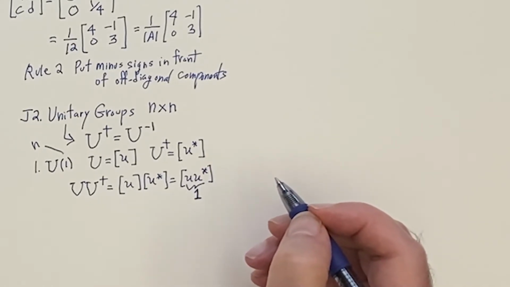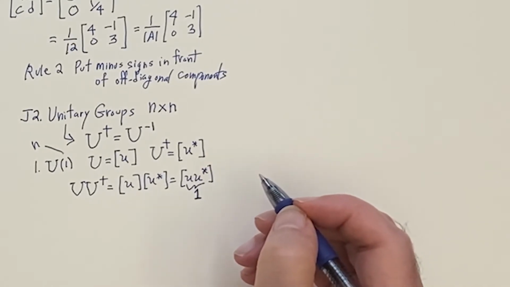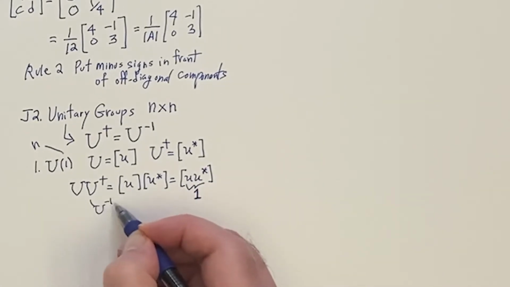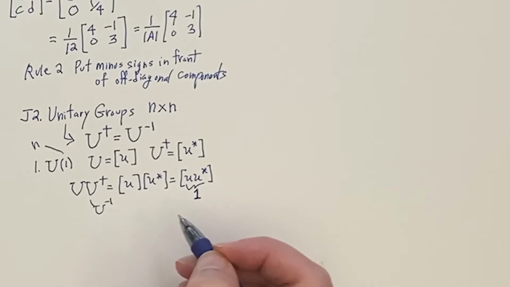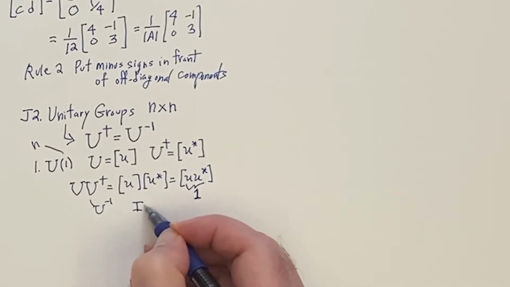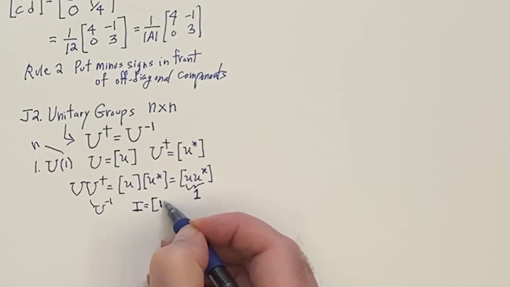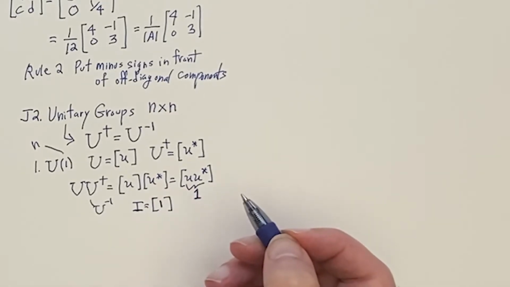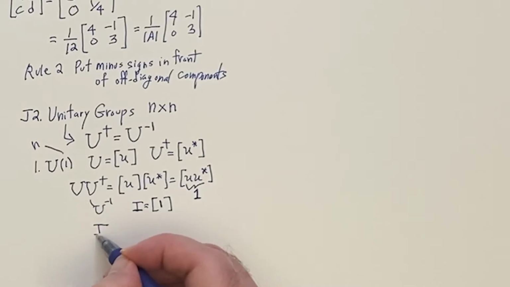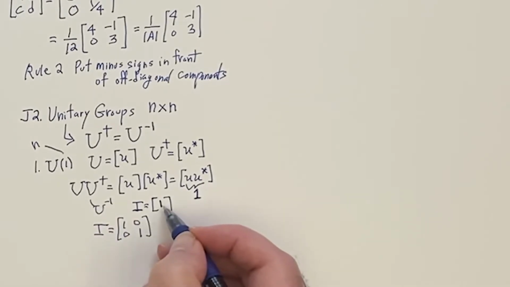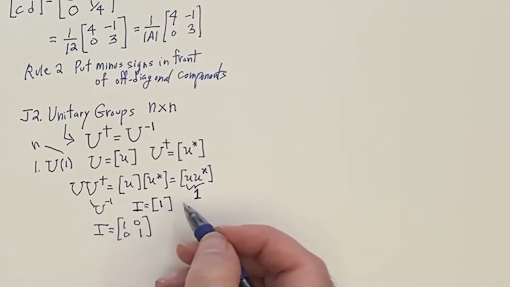So identity, because this has to be the inverse. If this is the inverse, then you're going to get the identity, and the identity, if the matrix just had one component, is going to be 1. When we had 2 by 2, the identity was here. But see, this is like a trivial case, just a 1 by 1 matrix.